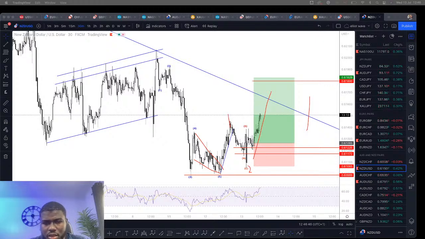I think we can now adjust our stop loss closer to 0.61200. Let me put that on the Telegram channel so that my people can take note of that. That's 25 pips on it.